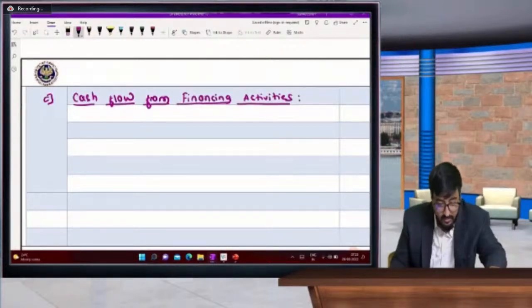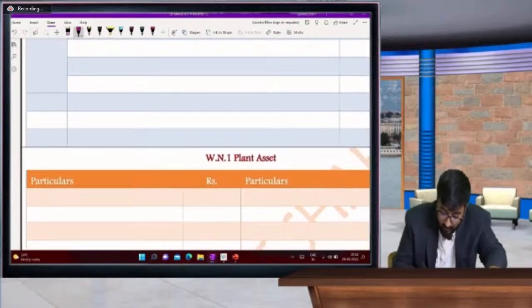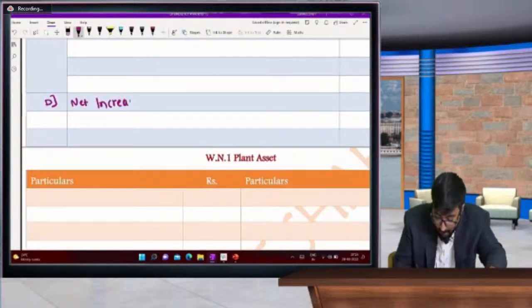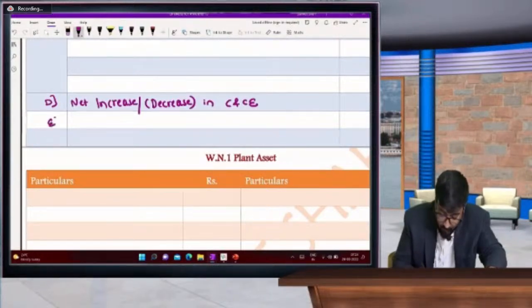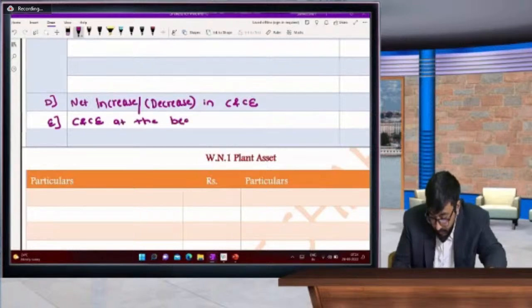After 6 lines, D, net increase or decrease in cash and cash equivalent. Cash and cash equivalent at the beginning. And C, cash and cash equivalent at the end.